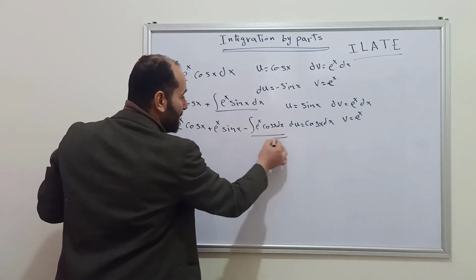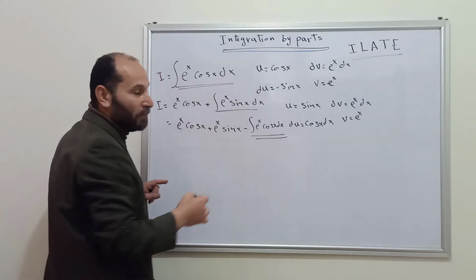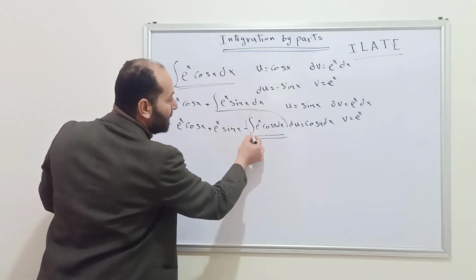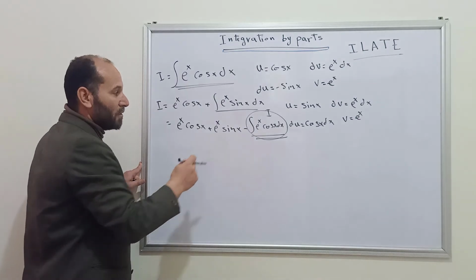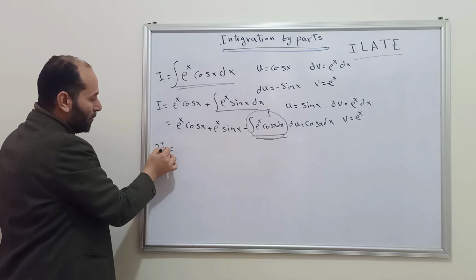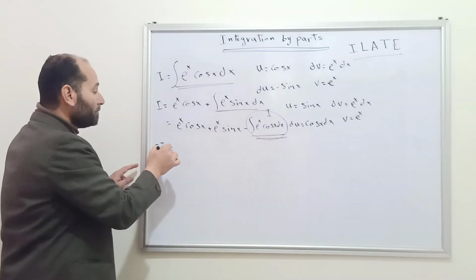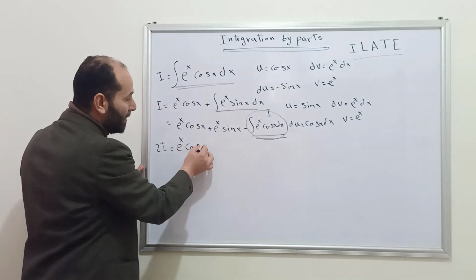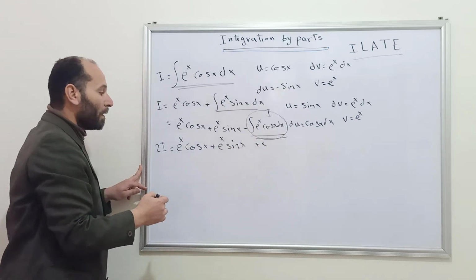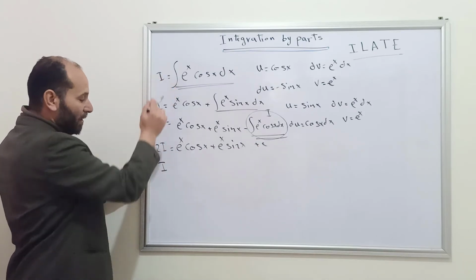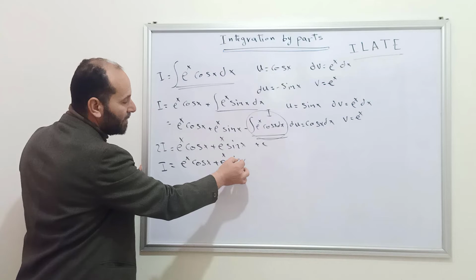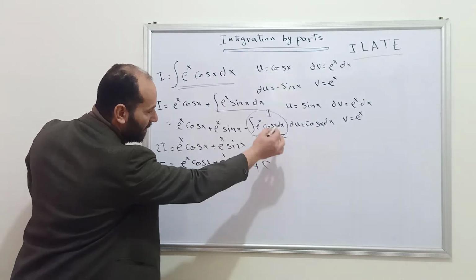Be careful, this integration equals the initial integration we did. So we can call it I. So negative I, we can take it here. We get 2I equals e power x cosine x plus e power x sine x plus c. So I equals e power x cosine x plus e power x sine x over 2 plus c.